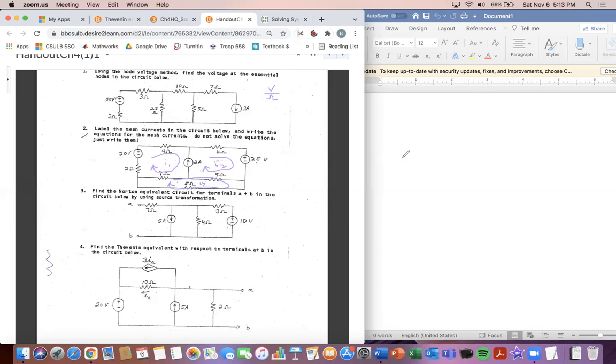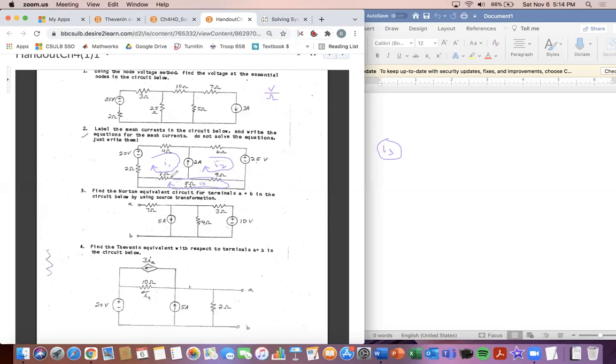So let me start with this I3 just to show you guys what happens. When you start with I3, it's basically the voltages this time you're going to be finding. So you're going to have the 7 ohms times the current going to the right, which is I3, minus the current going to the left, which is I1 here. Because if we're following along loop 3, we're going in the direction of the current.